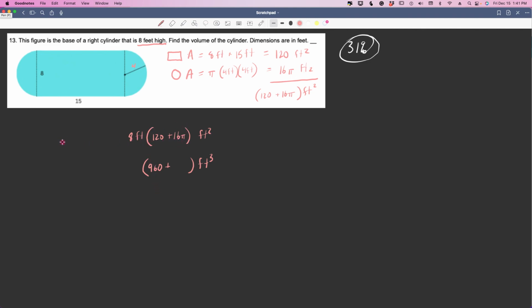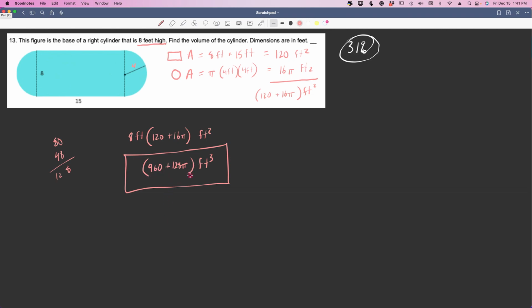Well, 8 times 10 is 80. And 8 times 6 is 48. That's 128. So 128 pi. This is your answer. 960 plus 128 pi, all feet cubed.